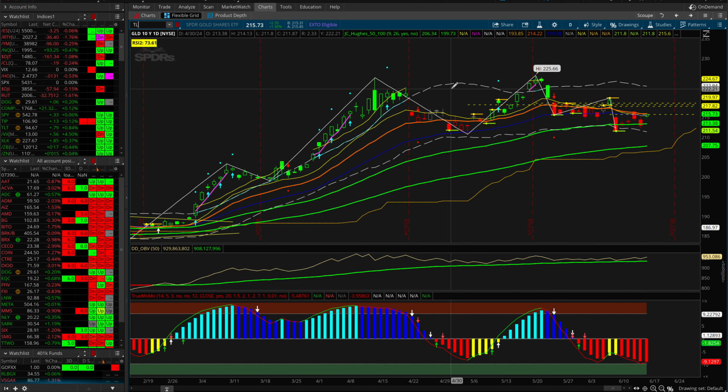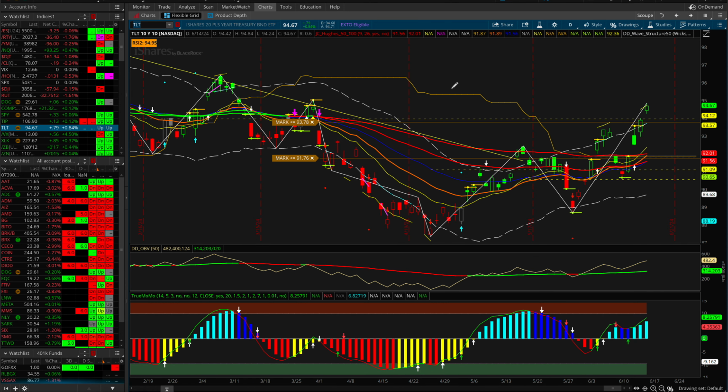And then TLT is bonds. That's bouncing pretty well. The 50 and the 100 are not in this. I mean, you're going counter trend if you're going long here, and I want to get into that a little bit too.